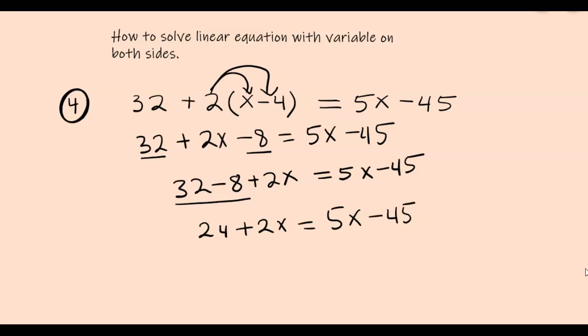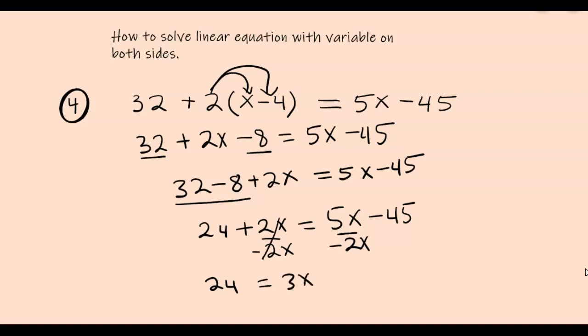We are taking the 2x over to the 5x, so we subtract and we subtract. We got 24. This is gone.